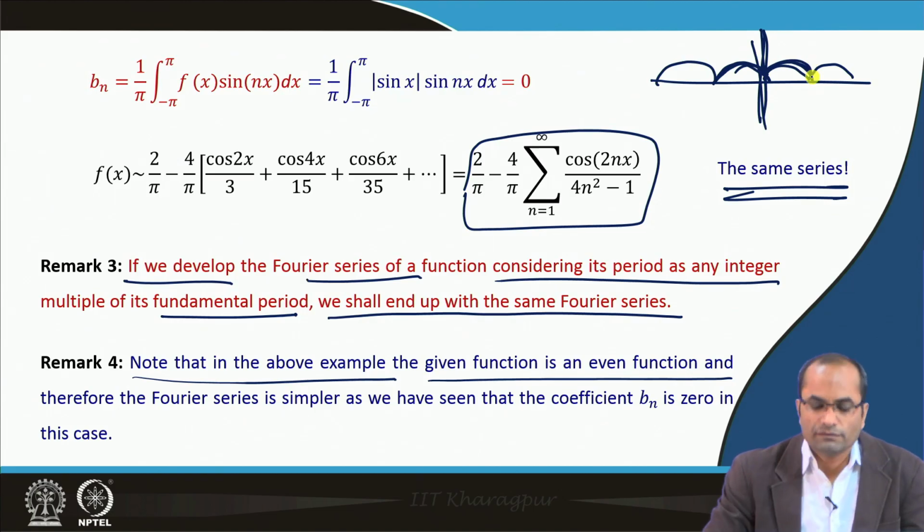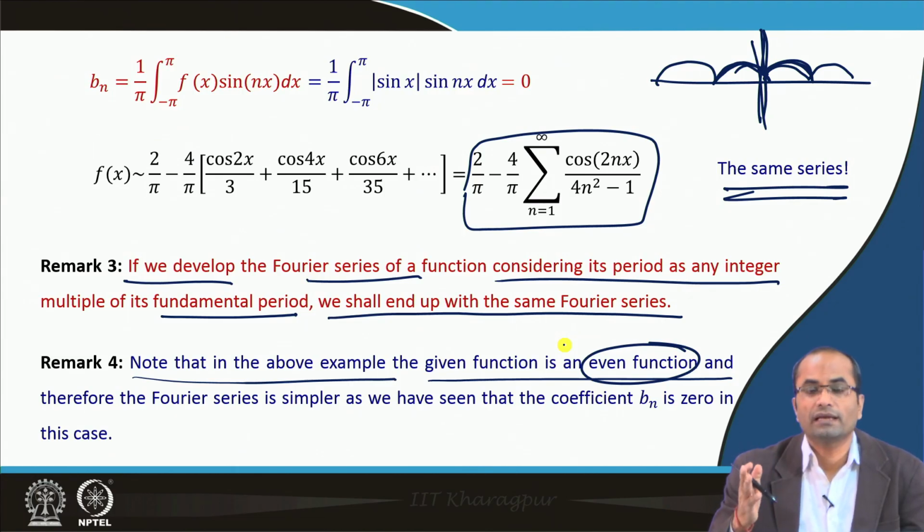For an even function, when we are computing b_n, b_n is f(x) and sine. Sine is an odd function and f(x) is an even function. So then the product is an even function. Sorry, the product is an odd function, because we have the even and odd. So, the product will be odd.